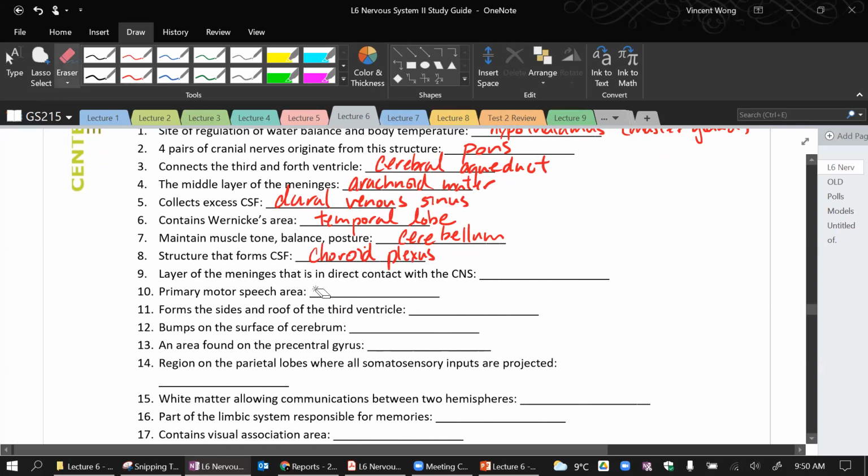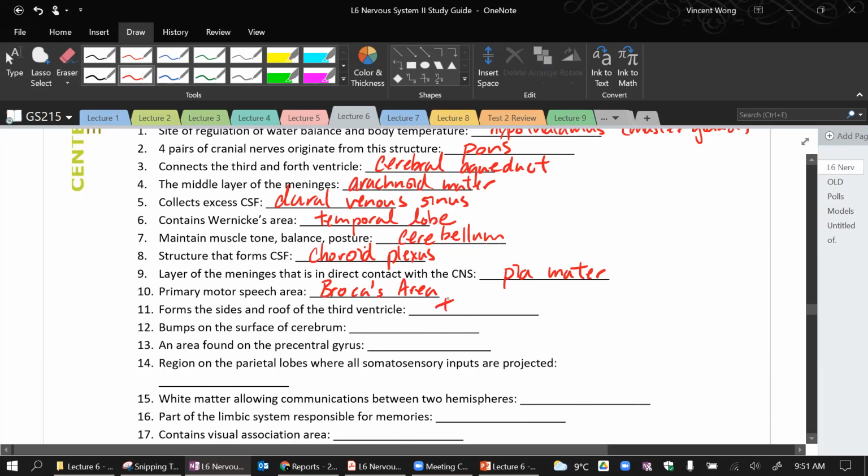Layer of the meninges that is in direct contact with the CNS. That would be the pia mater. Primary motor speech area, the part of the brain that allows you to talk properly, right, with proper syntax and everything. That's Broca's area. Forms the side and the roof of the third ventricle.